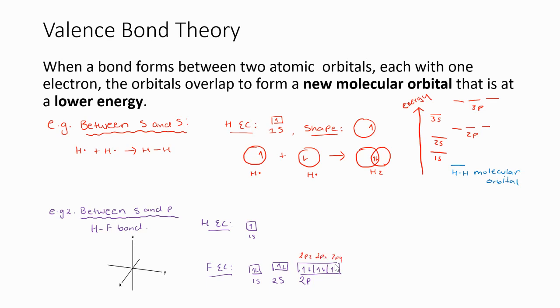And I'm going to label them as 2pz, 2px, and 2py. And it is the 2py orbital that we're interested in. And you can see that along the same axis here, that the dumbbell-shaped orbital of the fluorine, 2py, merges with the spherical orbital of the hydrogen to form this new molecular orbital with the electrons contained.